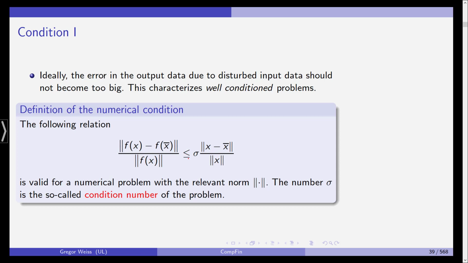And this is smaller or equal to the condition number, we call this a condition number, sigma, times x minus x bar divided by x. So what does it mean?